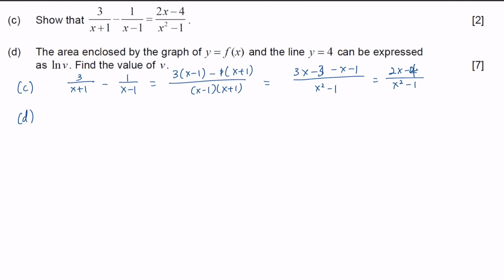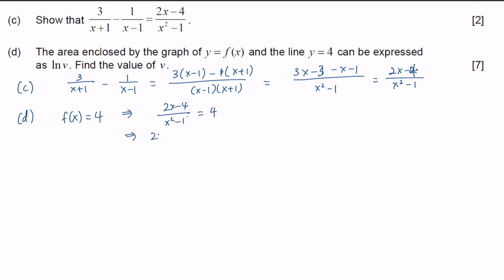Alright, so first I'm going to find the intersection. So f(x), okay, I'm going to let it equal to 4. Alright, so 2x minus 4 over x squared minus 1, I'm going to write it equal to 4.